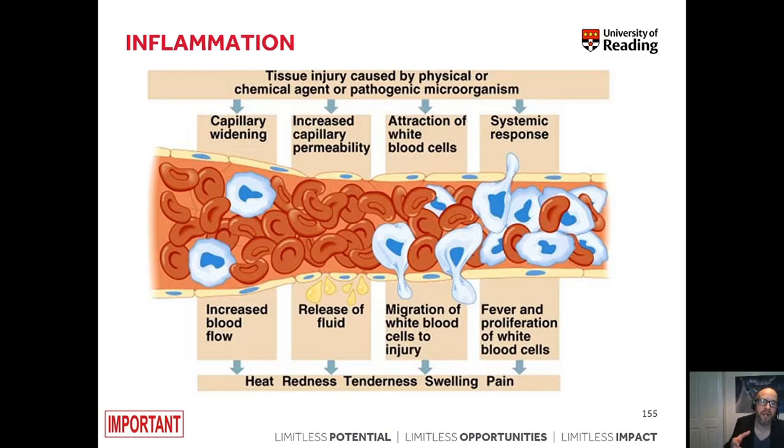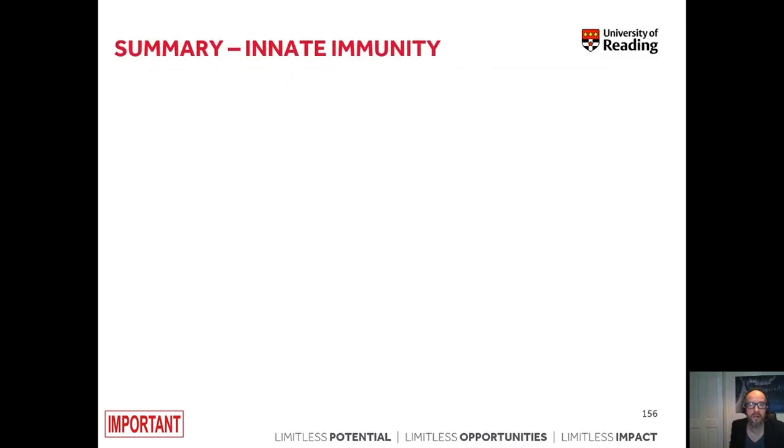Inflammation actively activates macrophages and allows them to migrate. Afterwards, we have the systemic response, which induces fever. And again, fever is actually beneficial when it comes to infection in the short term, because the organism is shifting the temperature to a temperature range which is less favorable for the infecting microorganism.